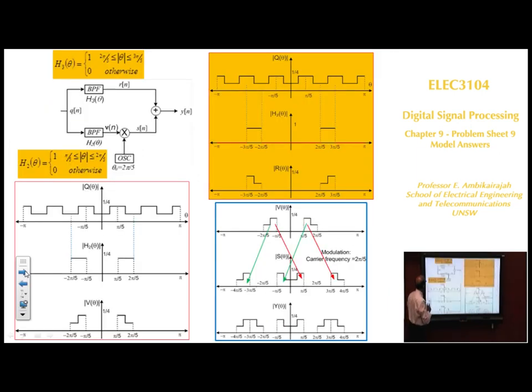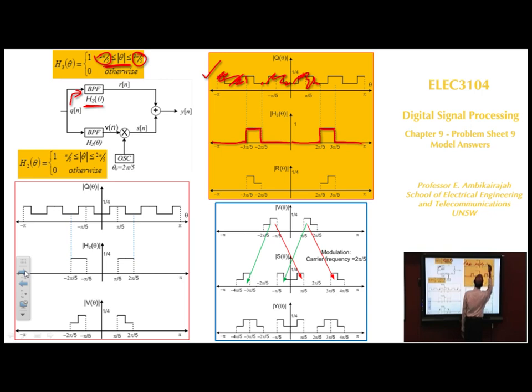Now you go to the next page. So I drew the Q theta. Now we take H3. So we're going to take that path now. H3 is a bandpass filter, so the bandwidth is 3 pi over 5 to 2 pi over 5. So that's your bandpass filter, and similarly on the negative side also. The bandpass filter will make sure that this spectrum is gone, and then it'll keep this up to this one.